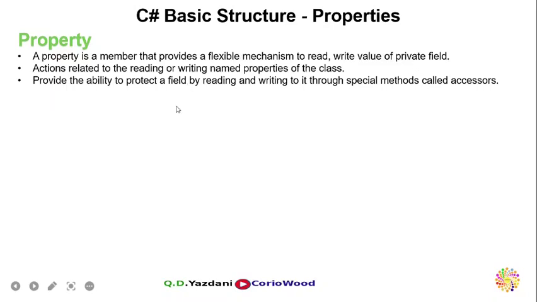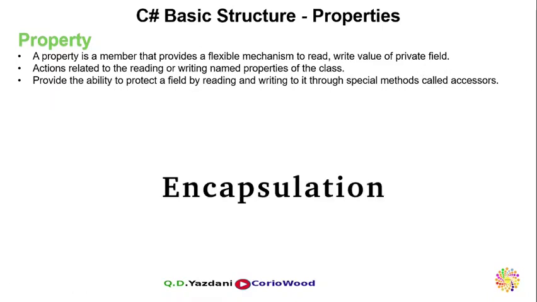If you want to hide the data from the user or from other classes, you need to declare your field as private. This ensures that your field remains private, so no one can access it from outside the class, and this is called encapsulation.